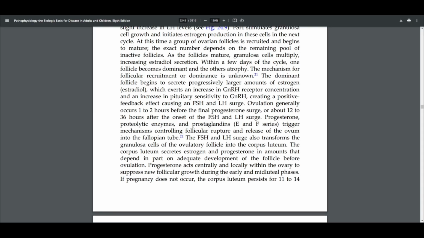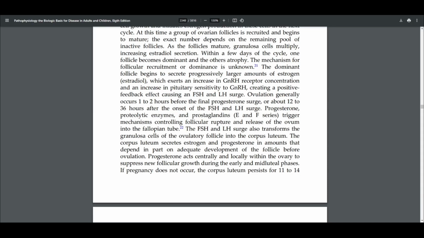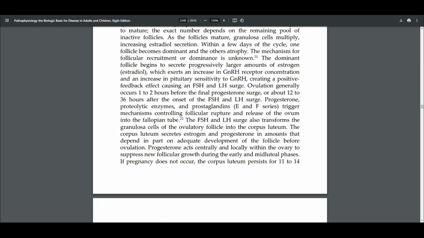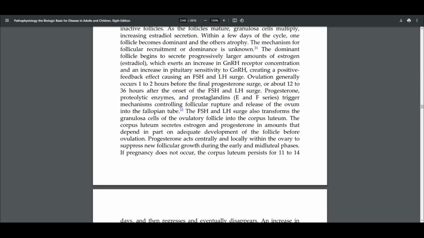The corpus luteum secretes estrogen and progesterone in amounts that depend in part on adequate development of the follicle before ovulation. Progesterone acts centrally and locally within the ovary to suppress new follicular growth during the early and mid-luteal phases.